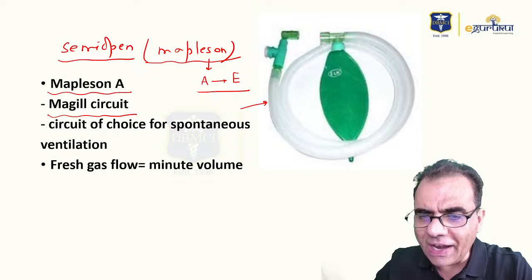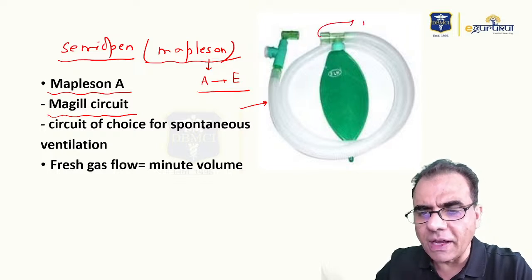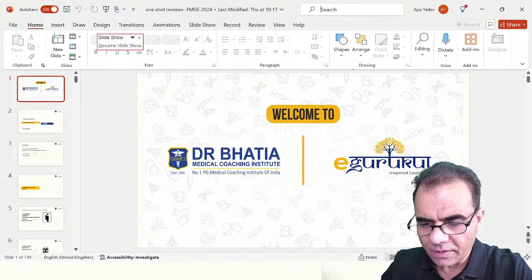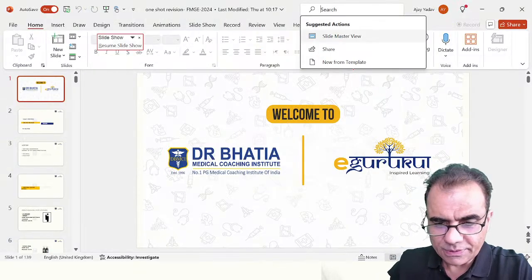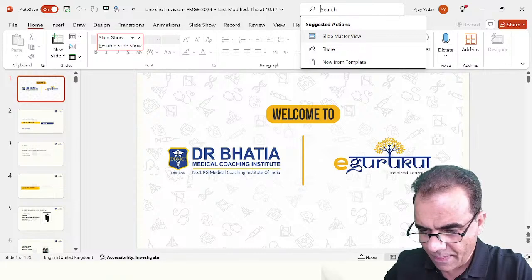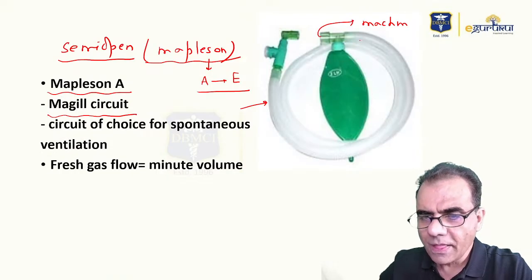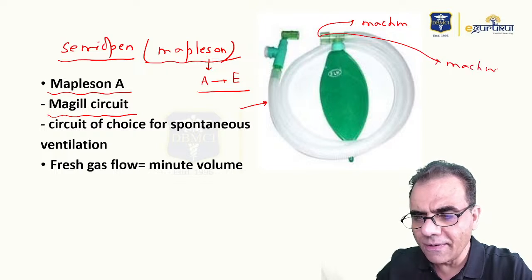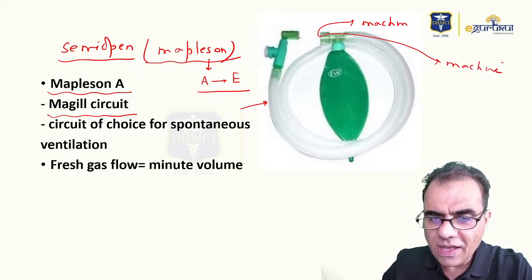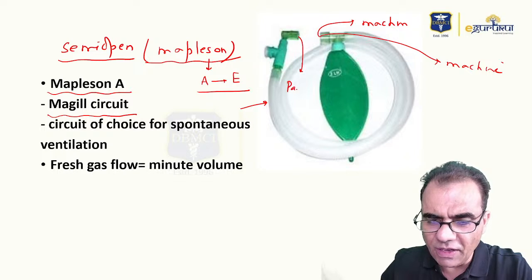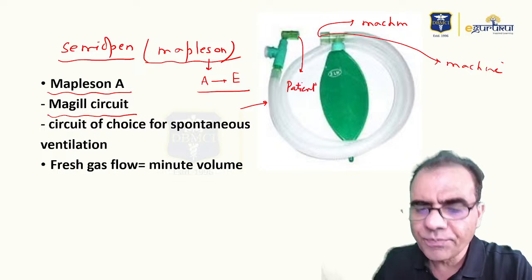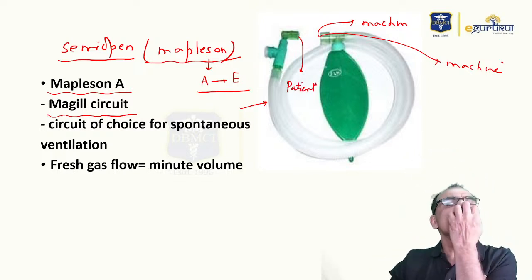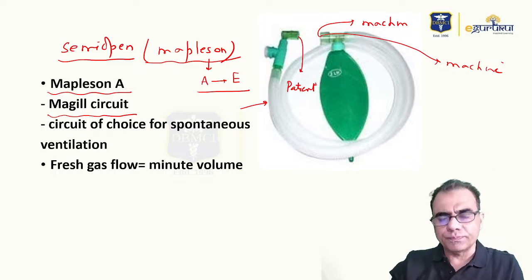So one end will be connected to the anesthesia machine. This is the machine end, and the other end obviously will be connected to the patient either through a mask or through an endotracheal tube.